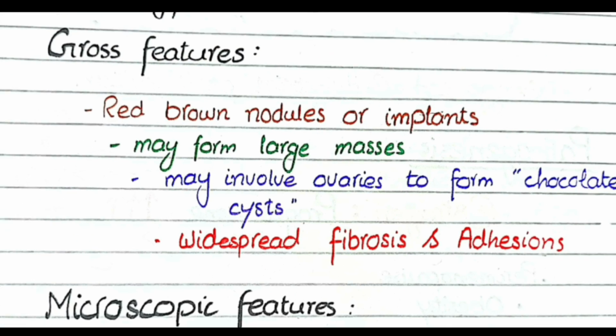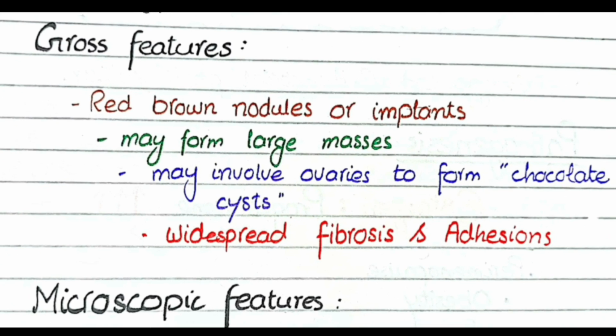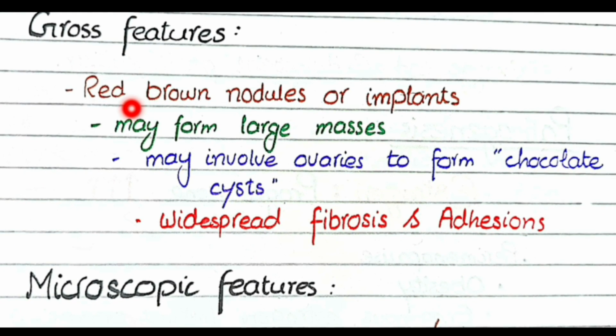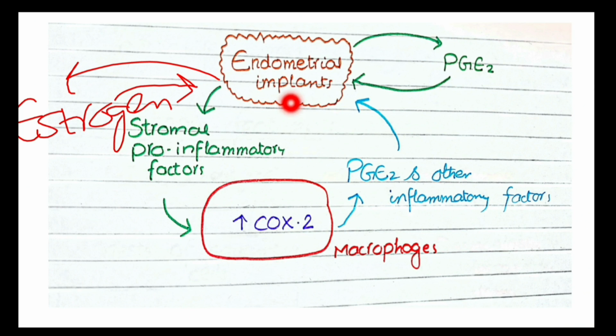Now let's discuss the morphology of endometriosis. As far as the gross features are concerned, you will see red-brown nodules or implants. Why do you see red-brown nodules or implants? Remember that these endometrial implants are functionally active tissue. At the end of the menstrual cycle, the normal phenomenon is that menses happen and the endometrium sheds from the uterus out through the vagina.